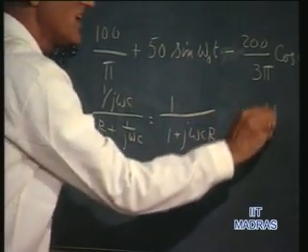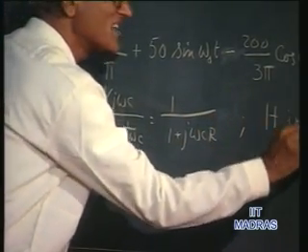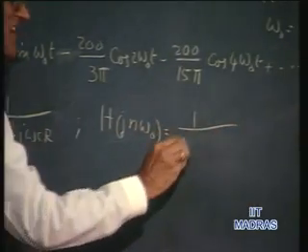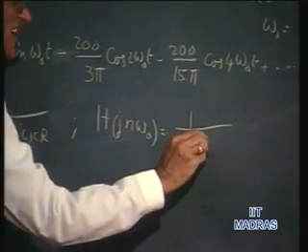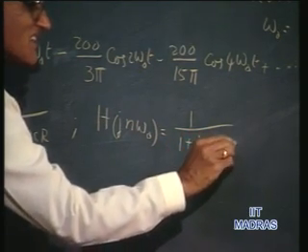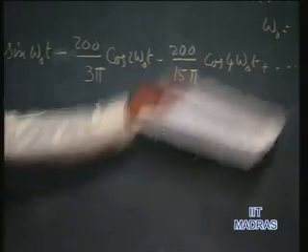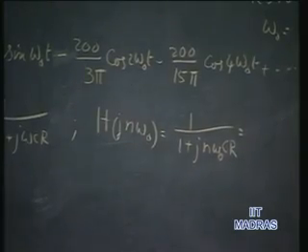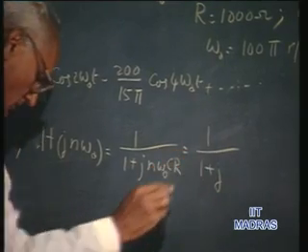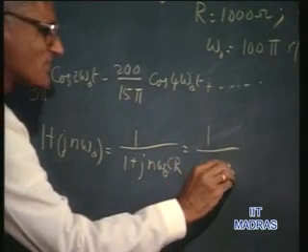Consequently, we will find H(j n omega naught) for a general n. This will be 1 over 1 plus j n omega naught CR, which when you substitute the numerical values for R, C and omega will turn out to be 1 over 1 plus j 5n.